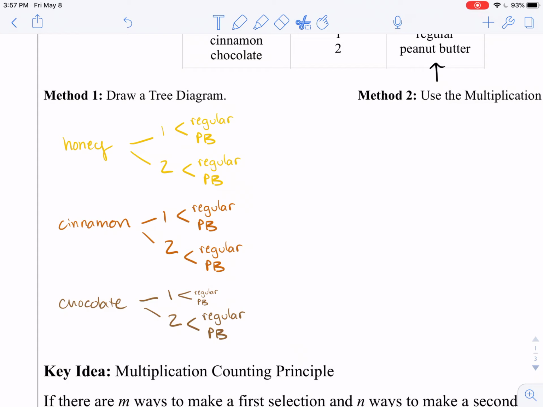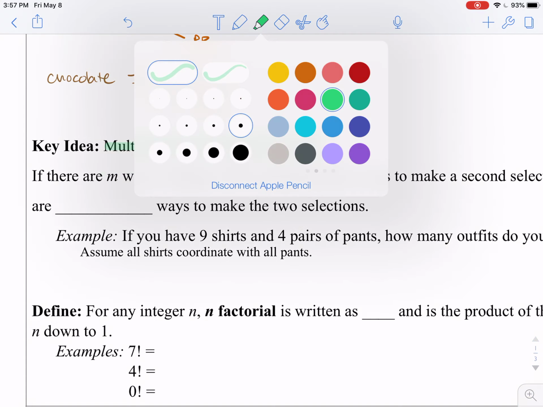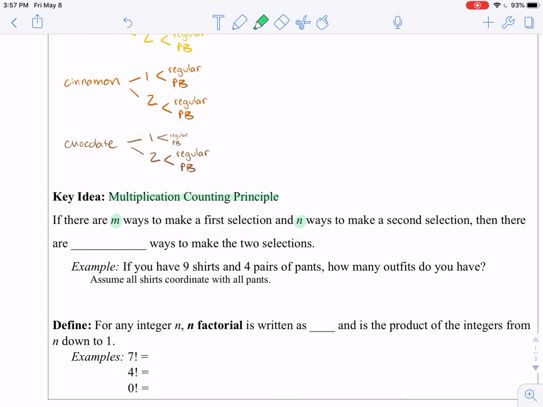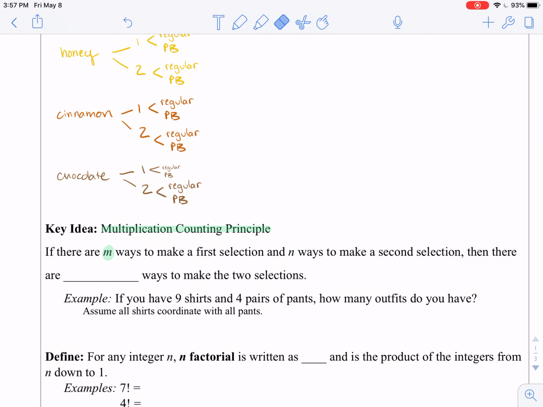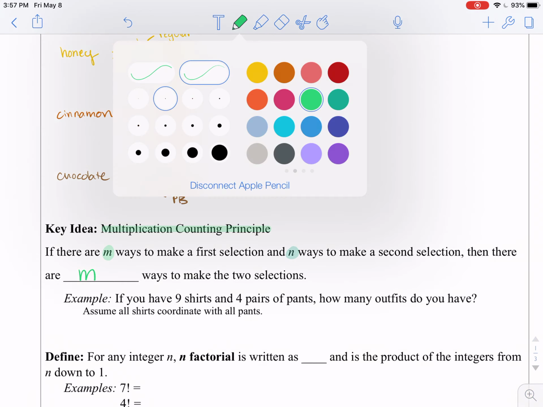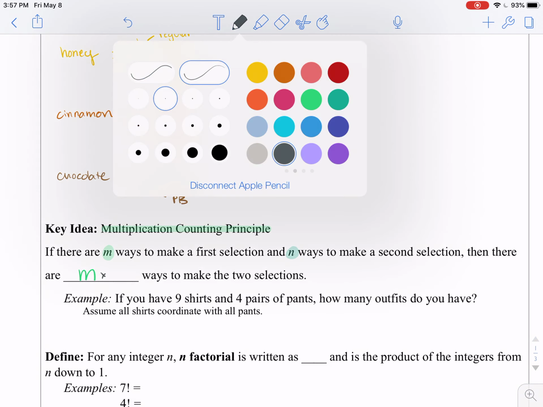This is called the multiplication counting principle. The multiplication counting principle is a shortcut, and it says if there are m ways to make a first selection and n ways to make a second selection, then to find your total options, that's m times n.